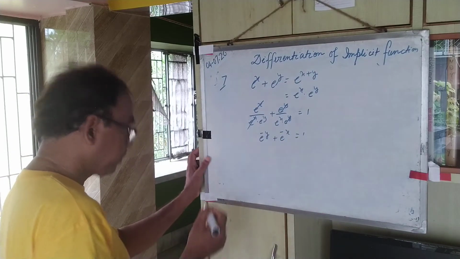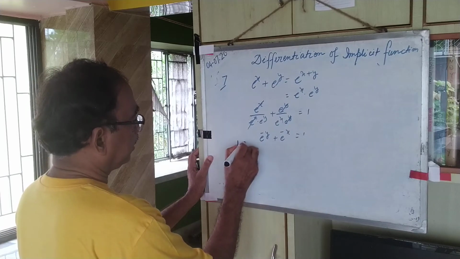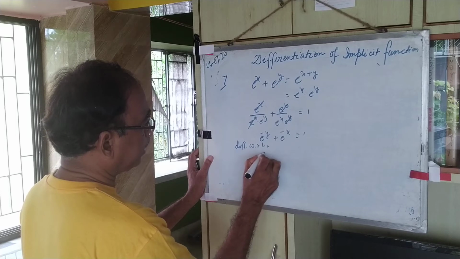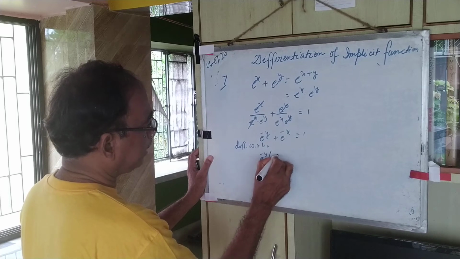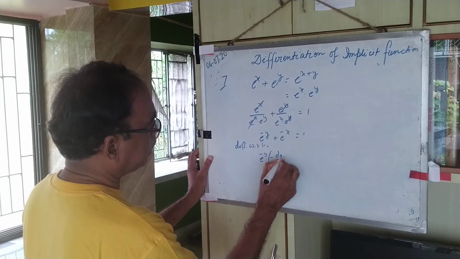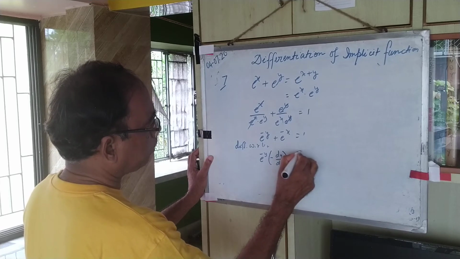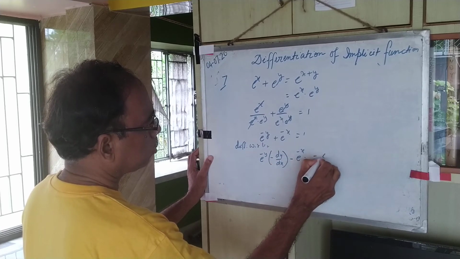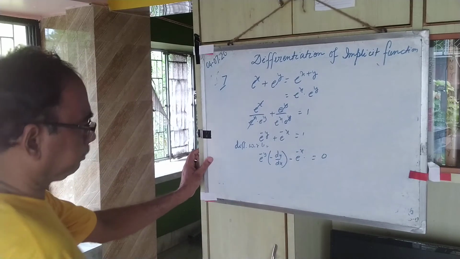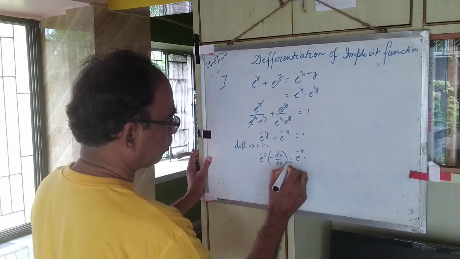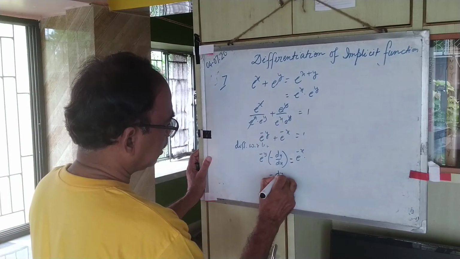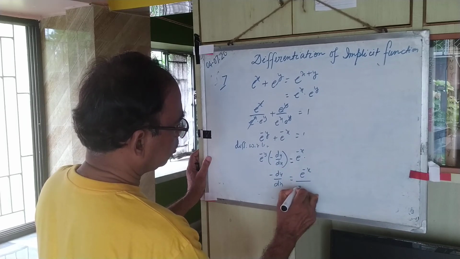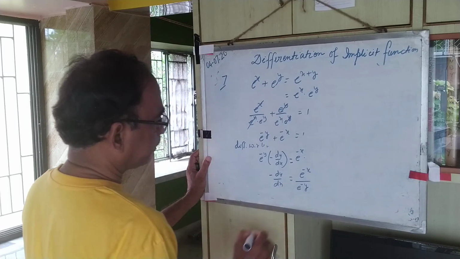Now differentiating with respect to x. The derivative of e to the power minus y is e to the power minus y into minus dy by dx, plus e to the power minus x into minus 1, equals 0. Then this comes to the right-hand side, that is e to the power minus x. So minus dy by dx equals e to the power minus x by e to the power minus y.